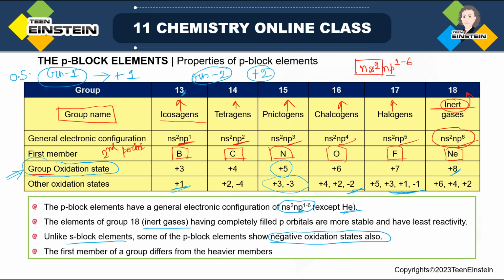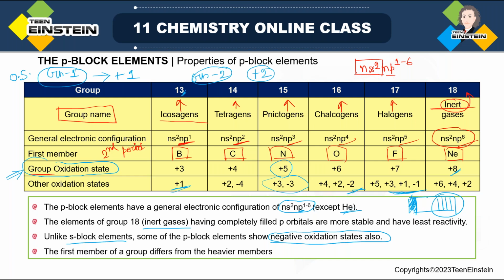Why? Suppose this is a periodic table, you have the s block here. This is the left hand side of the periodic table, where metallic character is maximum, and the p block is basically on the right hand side. When you move from left to right in the periodic table, the non-metallic character increases, so the oxidation state can be negative.